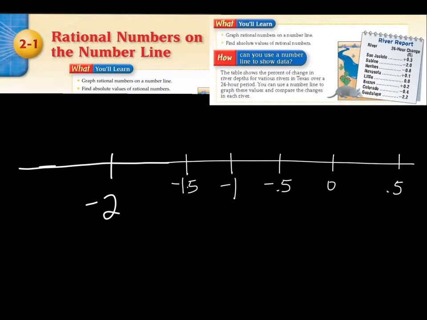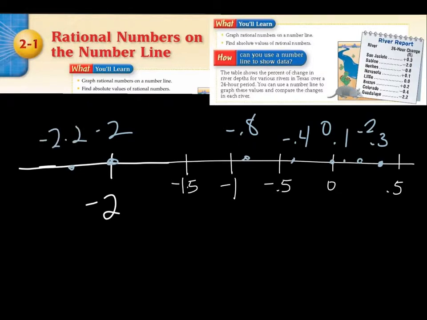So if we graphed point 3, that'd be about there. -2, -0.8, and +0.1, 0, +0.2, getting a little crowded there, -0.4, and -2.2.